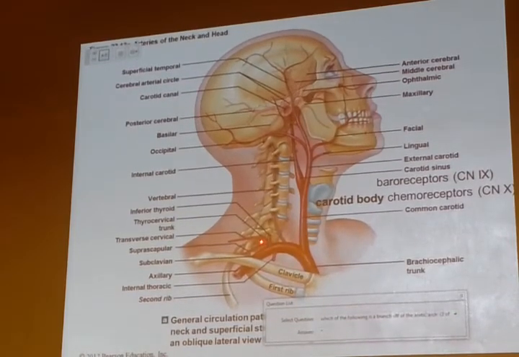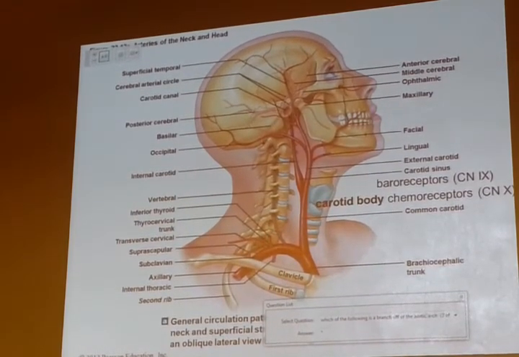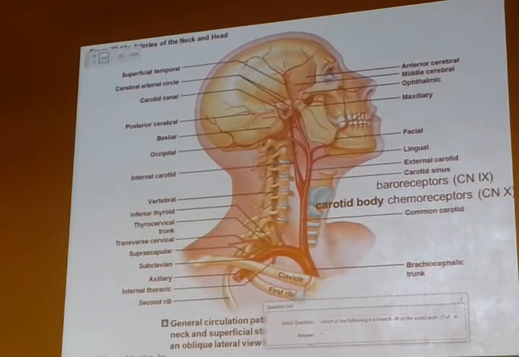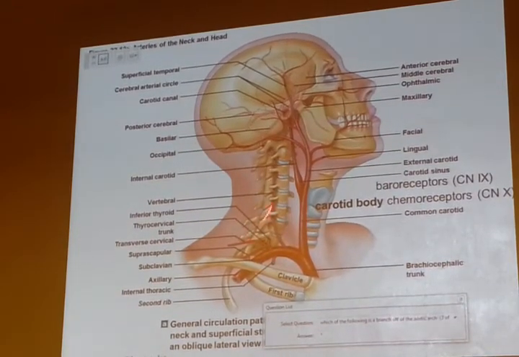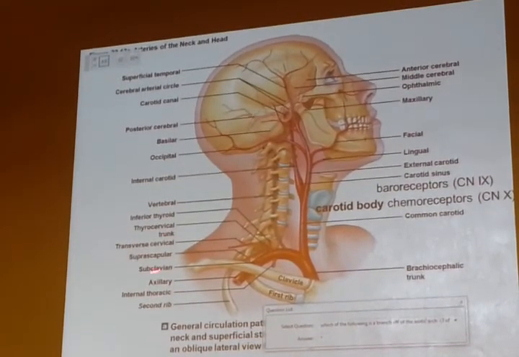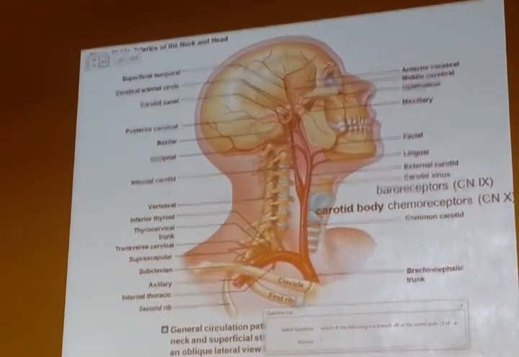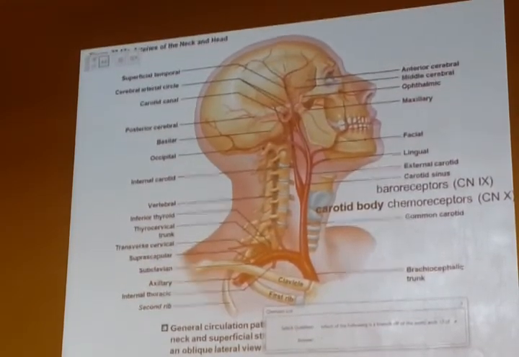Thyrocervical trunk, we've got inferior thyroid artery. It's going to go through your thyroid gland. And then we've got transverse cervicals going to structures in the neck region. And then another one that's going to go back to the back region. That's going to be under in the scapular region.